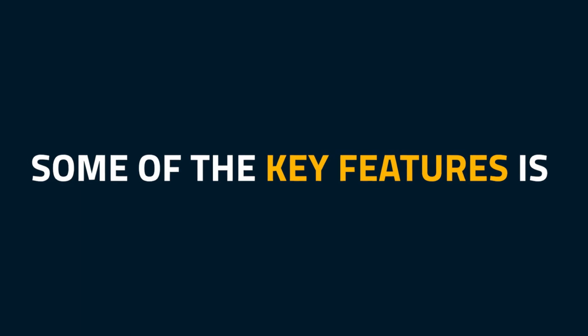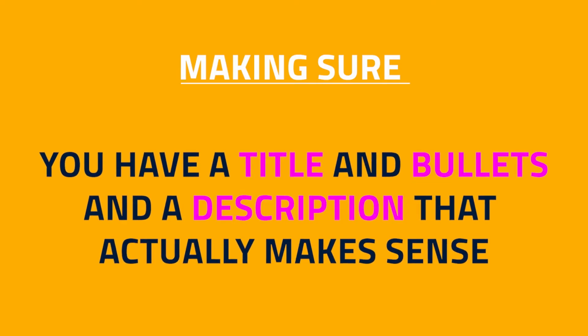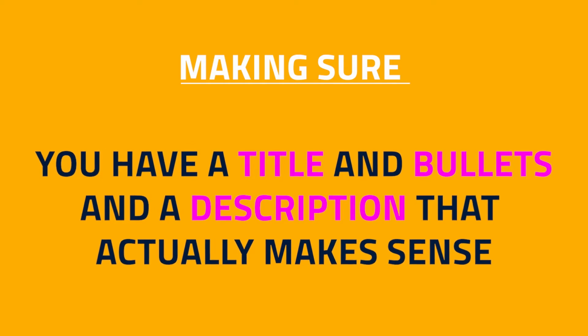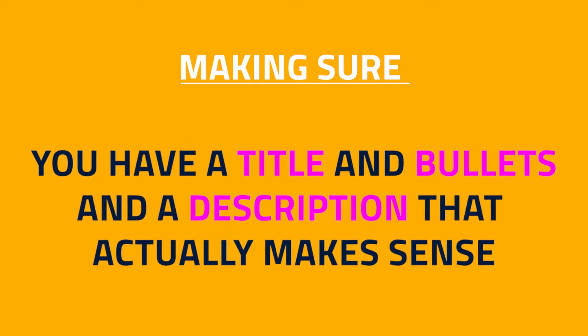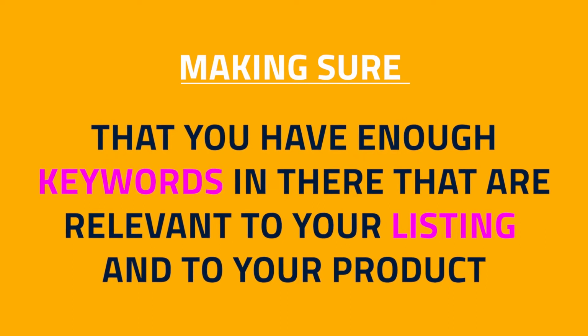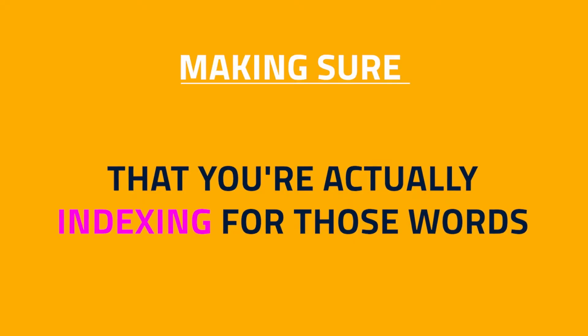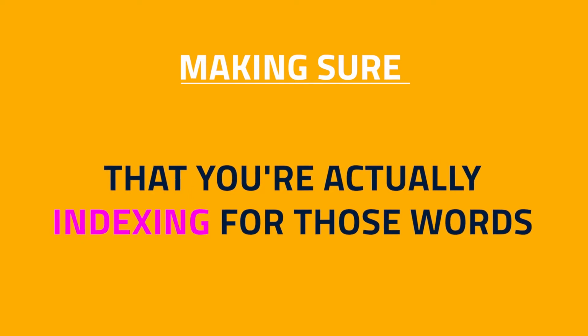So some of the key features is making sure you have great images, making sure you have a title and bullets and a description that actually makes sense, making sure that you have enough keywords in there that are relevant to your listing and to your product, including long keywords, very descriptive long ones. And the fourth thing is making sure that you're actually indexing for those words. A lot of the times people put in these keywords, but they're not actually indexing for them. But that can be discussed in another video.